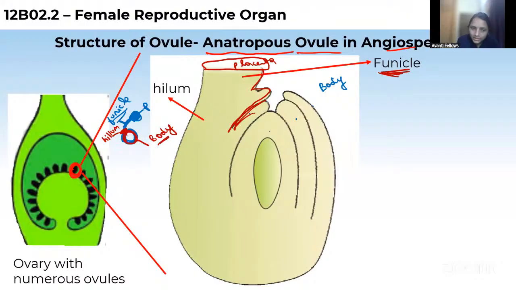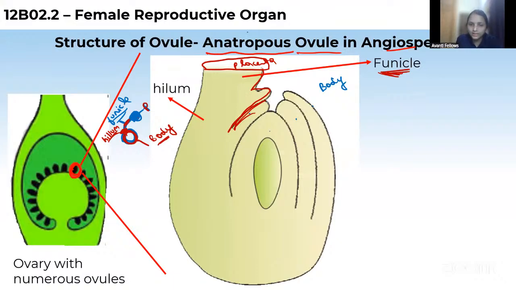This body is attached to this funicle by that part, which we call the hilum. And this whole body is connected to the placenta by the part called the funicle. Hilum is nothing but where the body is connected to the funicle. That part is called the hilum.